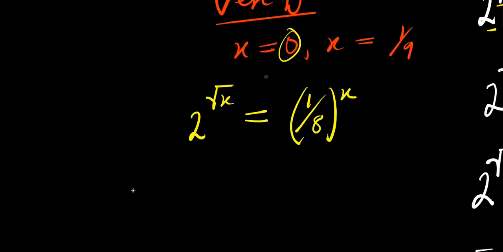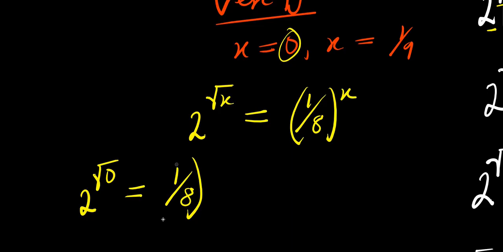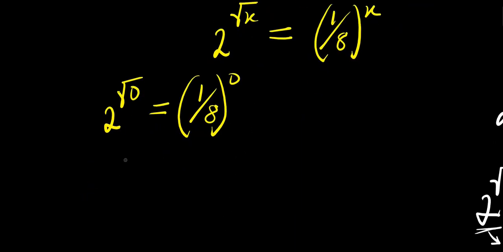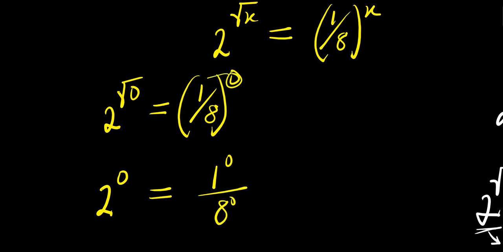I substitute this for x, so I have 2 power square root of 0 equals 1 over 8 raised to the power of 0. 2 power square root of 0 is 2 power 0, equals 1 over 8 power 0. This is 1 power 0 divided by 8 power 0. I just distributed this to each of the terms there.